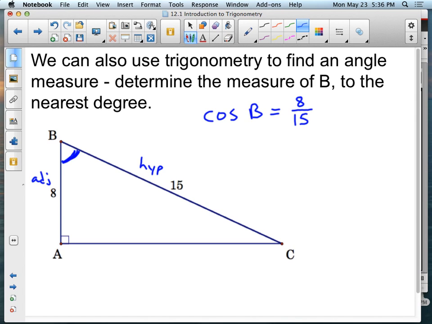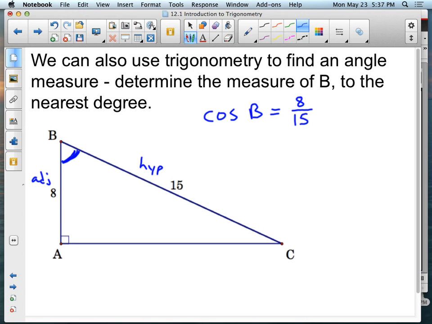So let's take a minute and talk about how to solve this equation. Because sine, cosine, and tangents are functions. They're not operations. So we have to think about how we undo these things. Like, how do you undo squaring? Well, you square root it. You do its inverse. So we want to do actually what's called the inverse of cosine.